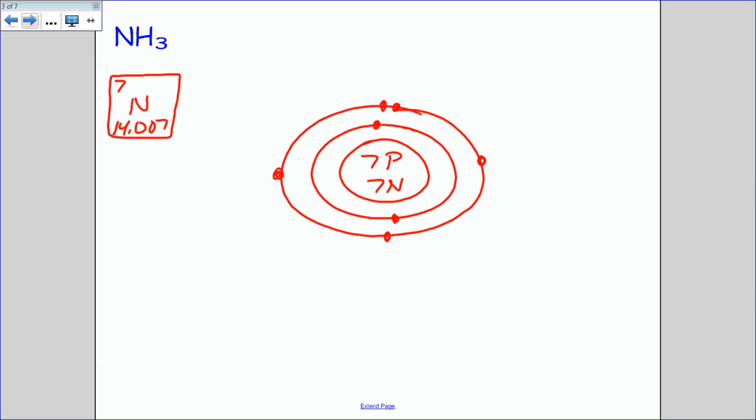Everybody go with that? And then basically what nitrogen is going to do is it's going to need how many? Does it need 3? If you look, it's missing one here, here, and here, right? So it needs 3 to become full.